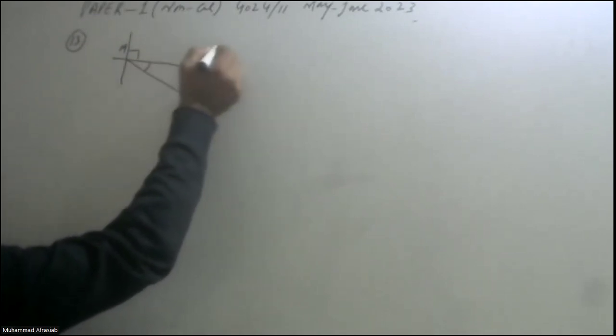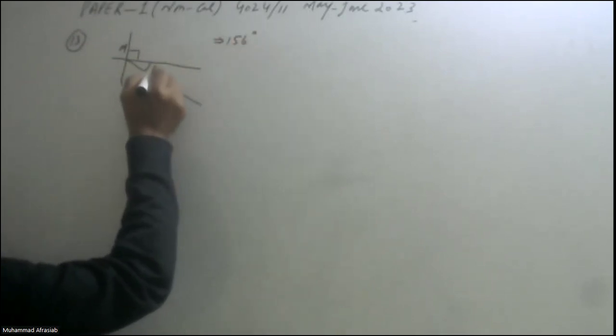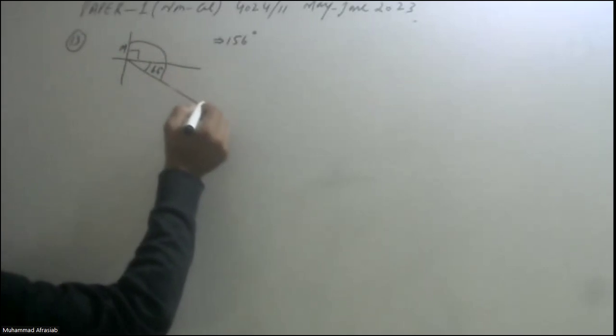So this total angle is 156 degrees. So it should be equal to 66 degrees and this is the total bearing of that main field from lantern.